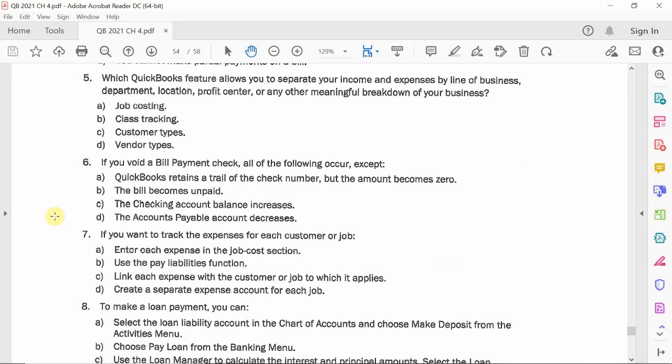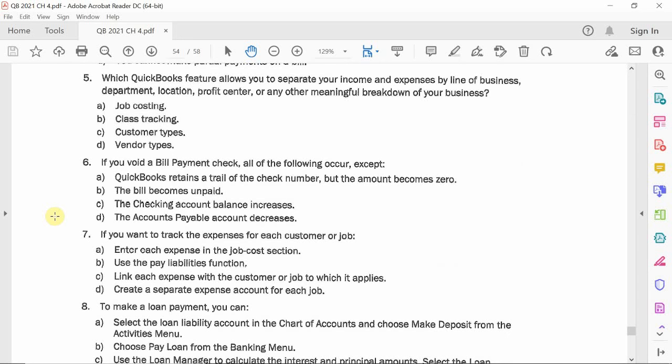Let's take a look at A. QuickBooks retains a trail of the check number, but the amount becomes 0. Okay, that is true. So the question is, everything happens except. So in this case, yes, that is true, right? When we void a transaction, it leaves the information still there. It just zeroes out the amount. But we're looking for the exception.